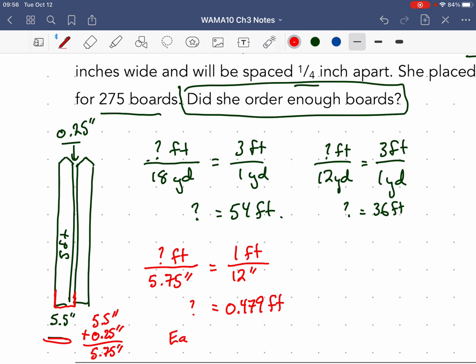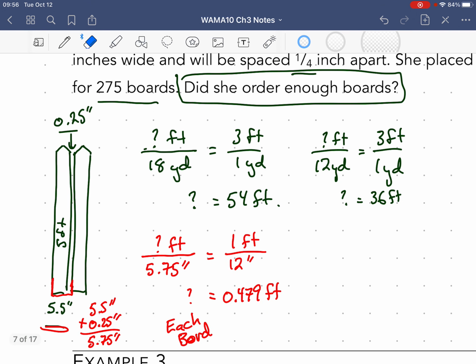So each board with the gap takes up that amount of feet. All right, so that's one board.